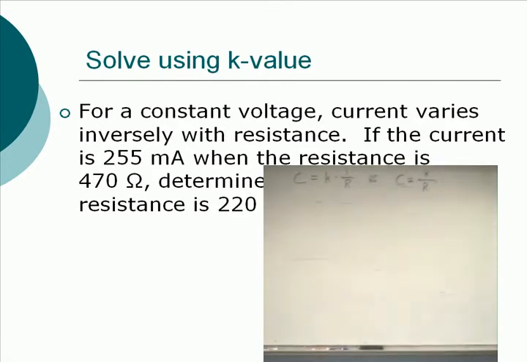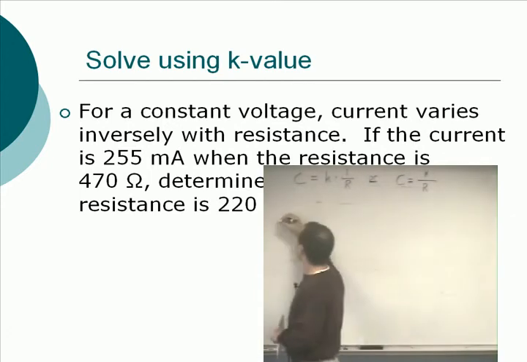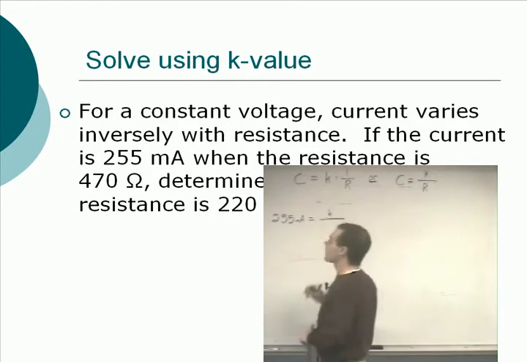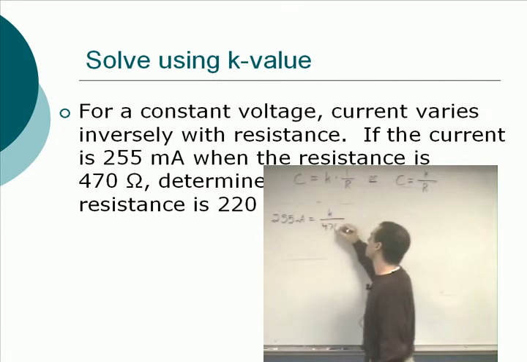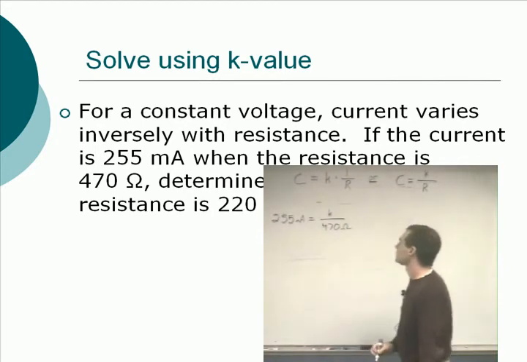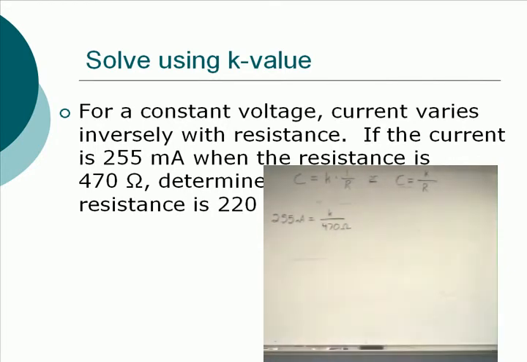Now everything else we do is the same. So let's take the one case that we do know. We know that the current is 255 milliamps equals K divided by, and we know that that's true when the resistance is 470 ohms. That's the one case that we know to be true.